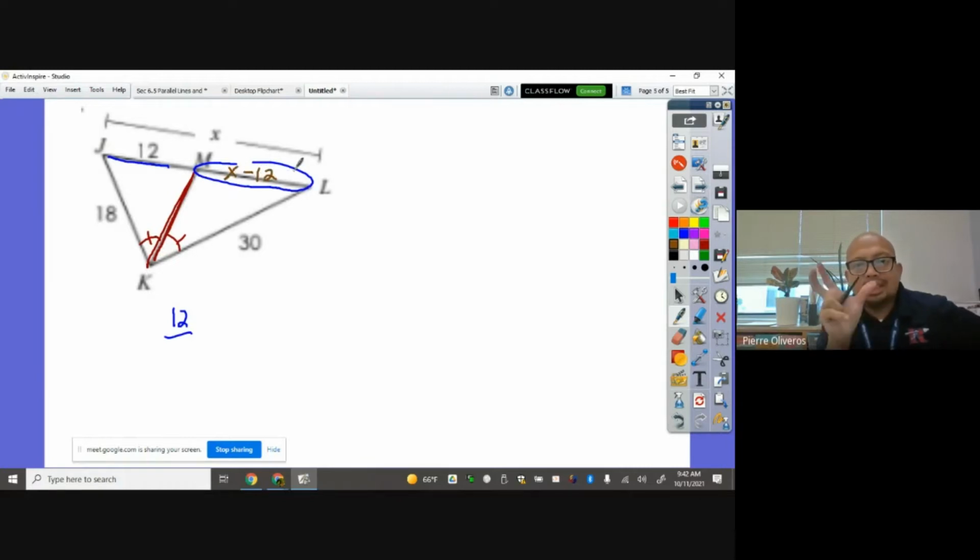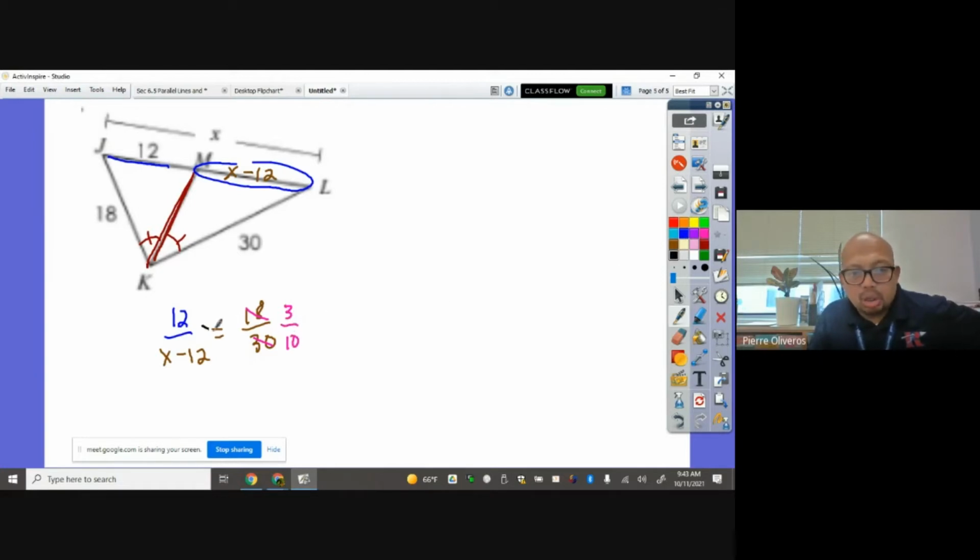You subtract the whole thing by the portion, which is 12. So this will be x minus 12 here is equal to, since the 12 is on the left side, I'm going to pick 18 over 30. Is it clear? 18 and 30 are both divisible by 6. So 18 divided by 6 is 3, and this will be 10.